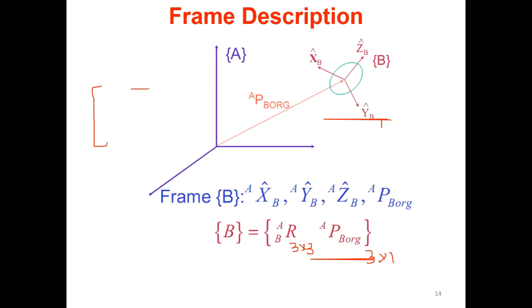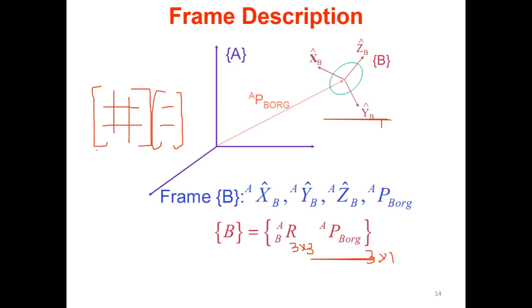This is the rotation matrix part, 3 by 3, like that. And then over here you have the translation part, APBORG. So this is now 3 rows and 4 columns. It's not a square matrix, which can cause problems in computation.